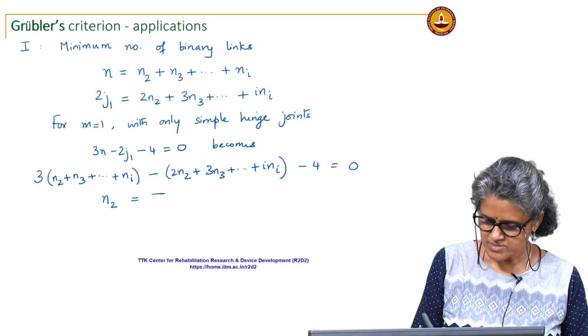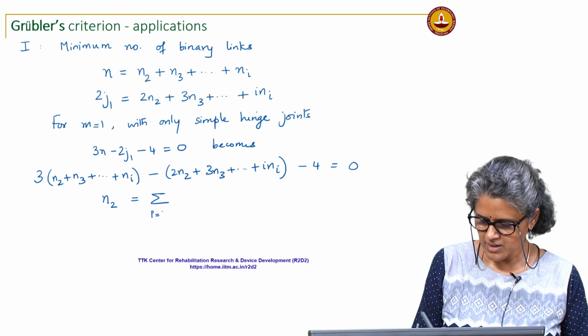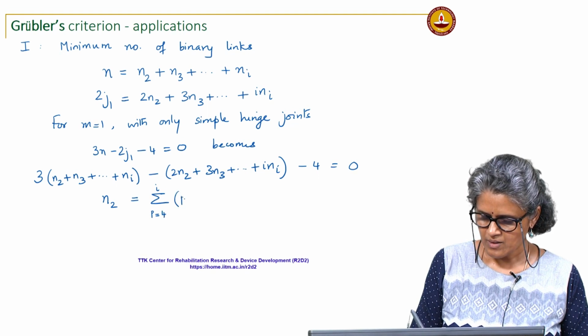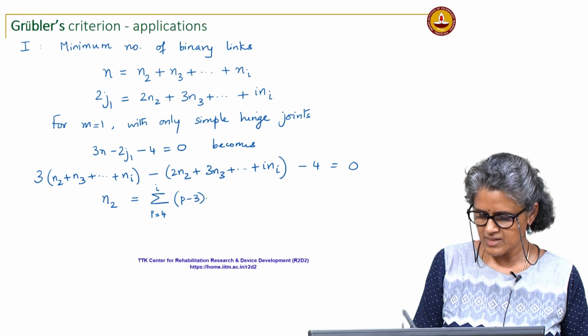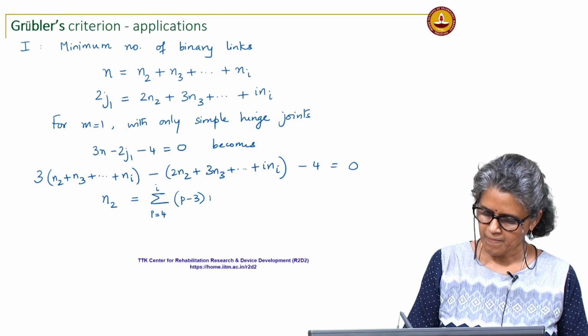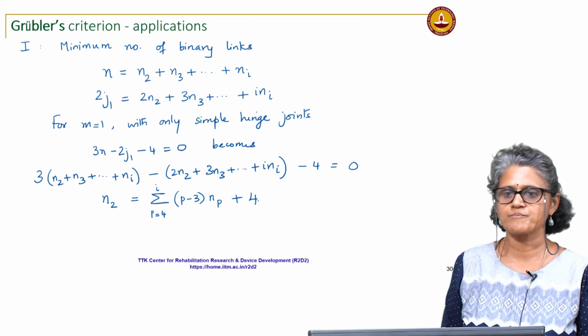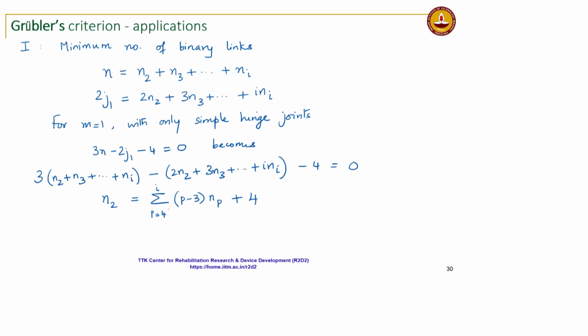So, I get n2 equals the sum over p equal to 4 to I of (p minus 3) np, plus 4. Here p equal to 4 to I means links of order 4 and above.